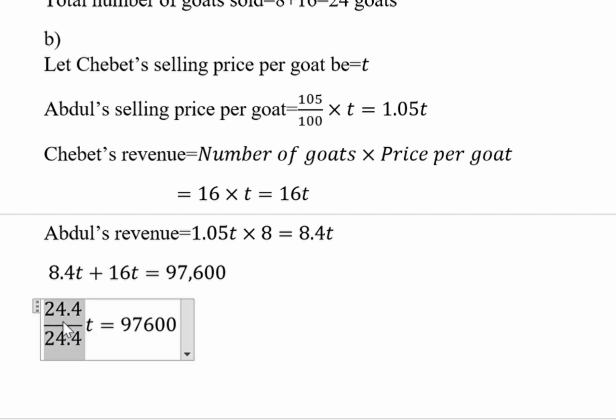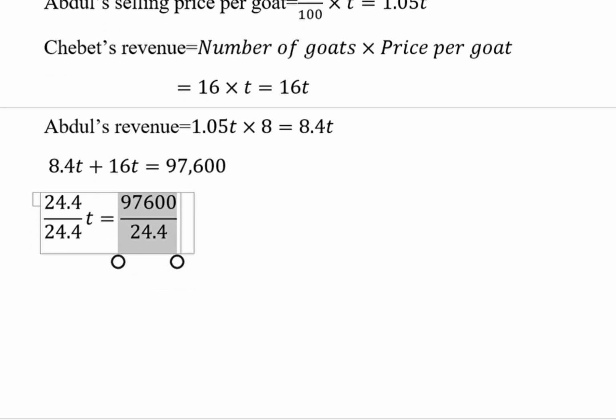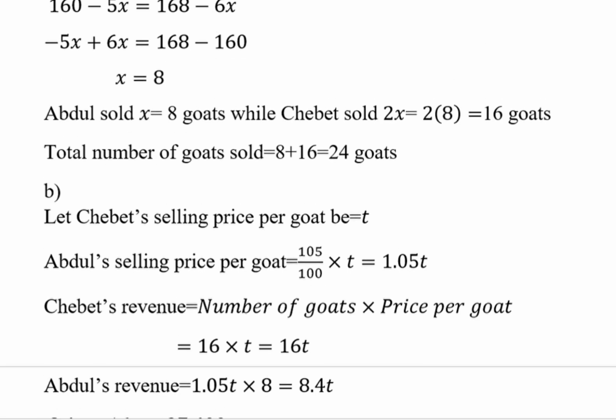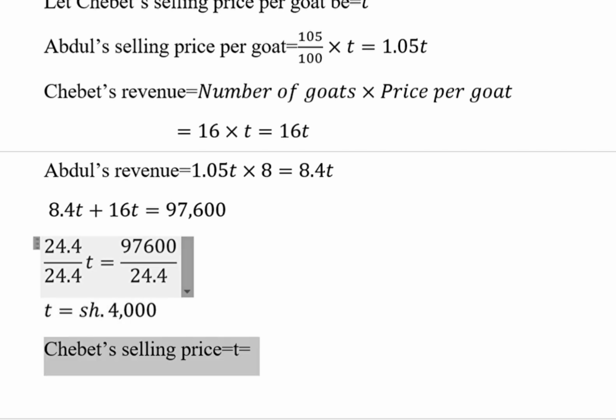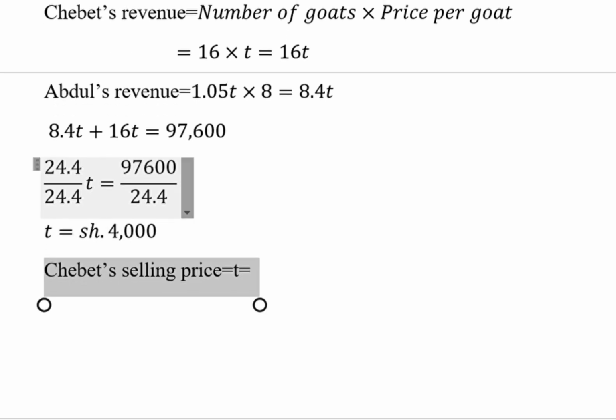If we do that here, and we do that on the other side, we shall get the value of T being equal to 4,000 shillings. And what was T? T is Chebet's selling price per goat. So with that, we can now say Chebet's selling price, which was represented by T, is 4,000 shillings.